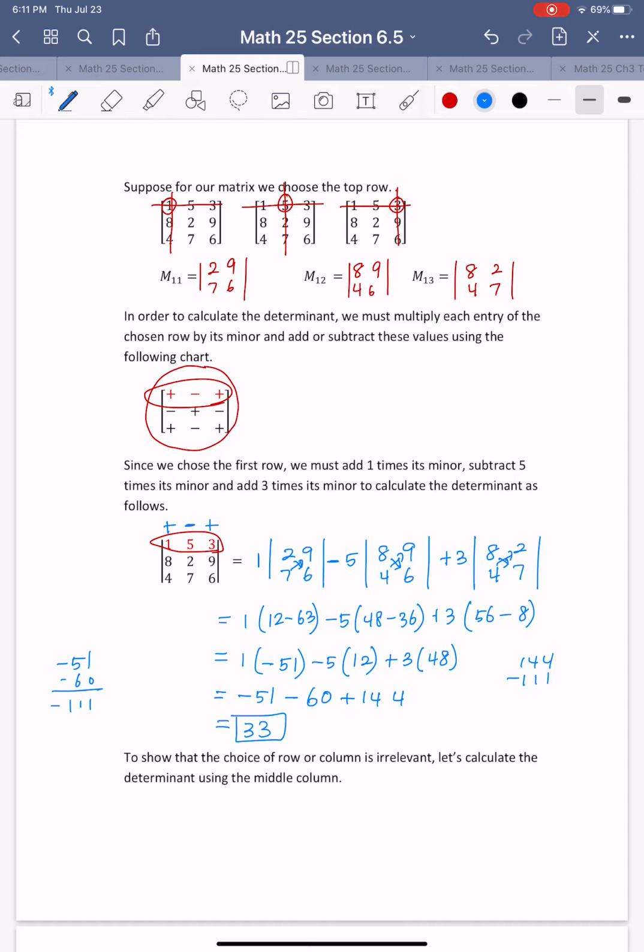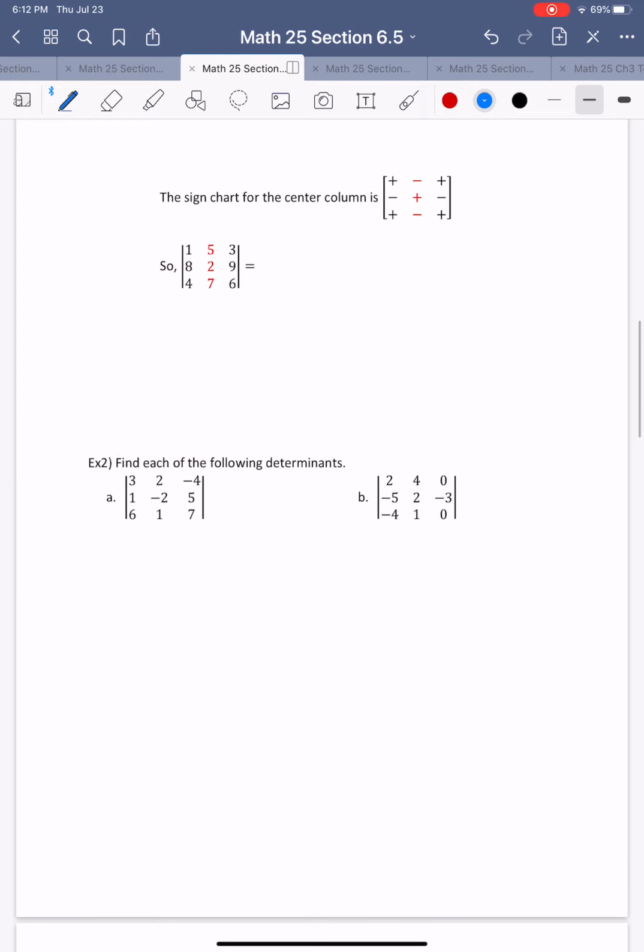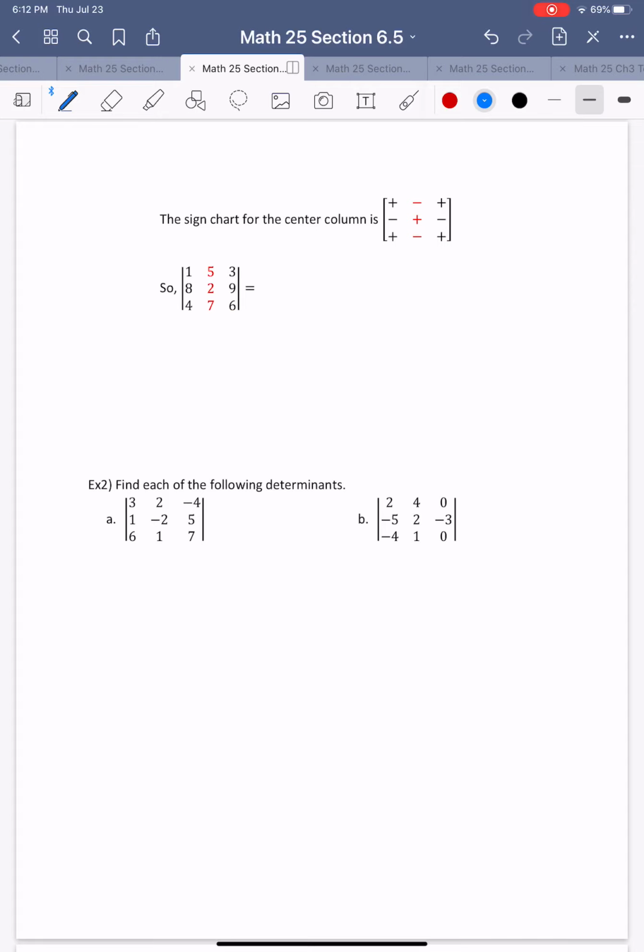Let's calculate the determinant using the middle column. Okay, let me find the calculator so that I don't have to worry about that. Alright, so the sign chart is right here. We are using the middle column, which is this one. So the signs are, no, sorry, it's going to be negative, positive, negative.